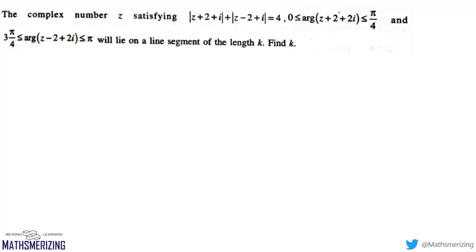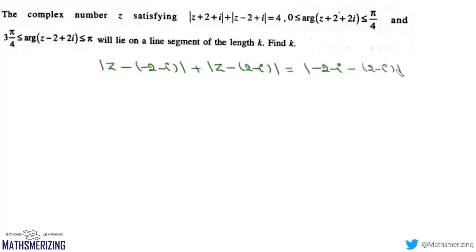Now here the question is, the complex number z satisfying mod of z minus 2 minus iota plus mod of z plus 2 minus iota is equal to mod of minus 2 minus iota minus 2 minus iota, which is of the form mod of z minus z1 plus mod of z minus z2 is equal to mod of z1 minus z2.